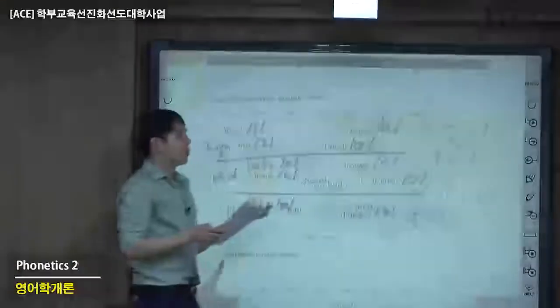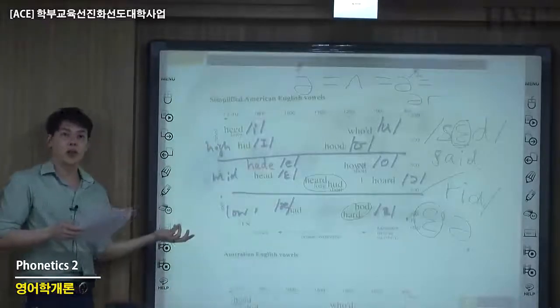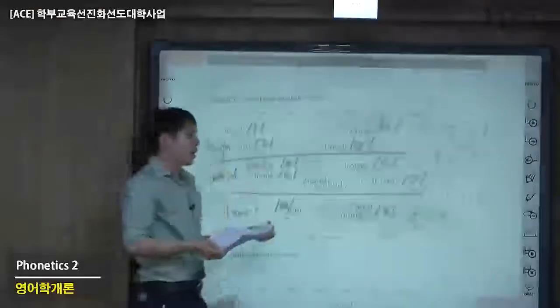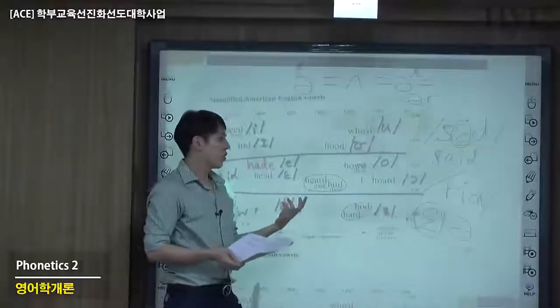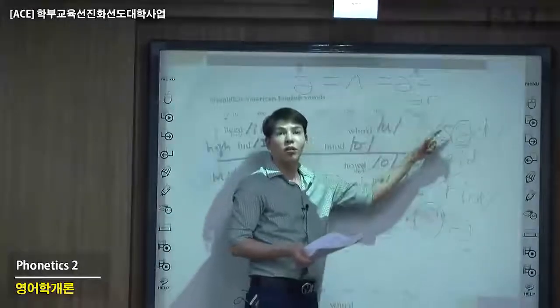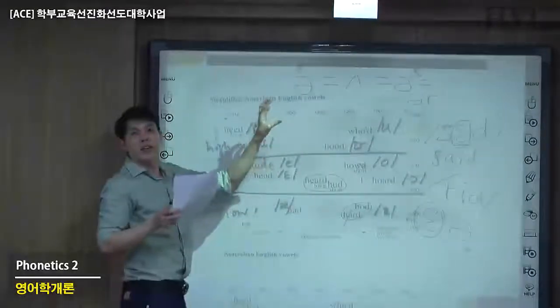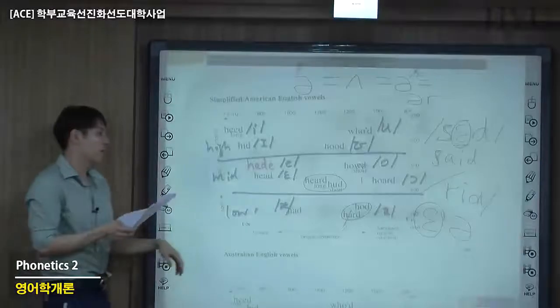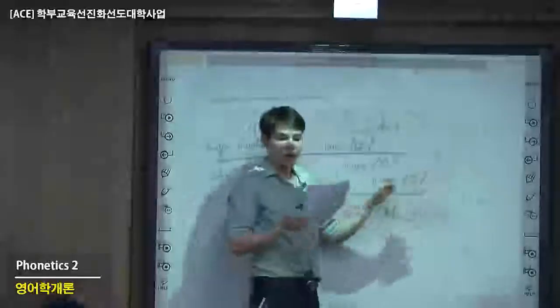And when you read poetry, when you read poems, you know rhyme, right? Two words can rhyme. One of the reasons for rhyming is because they share the same vowel. So "said" rhymes with "weather," for example, because they share the same vowel.